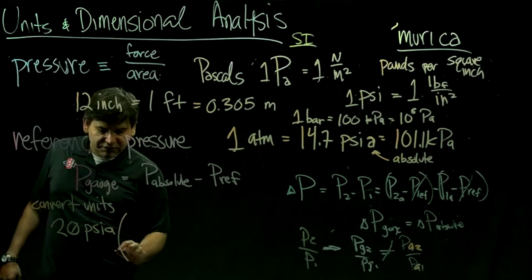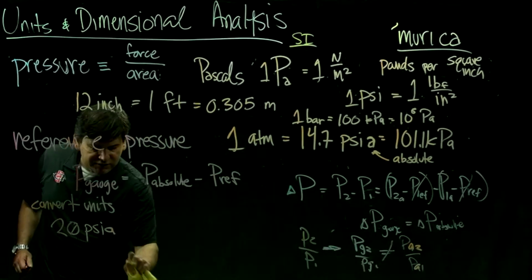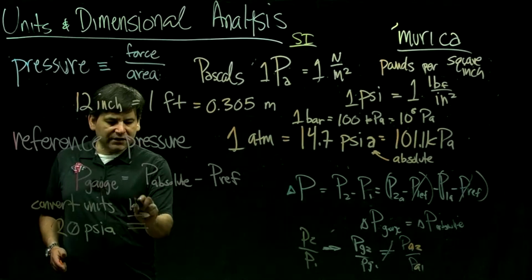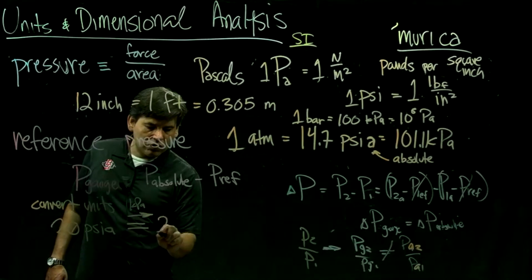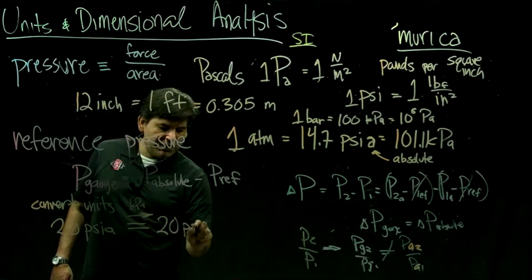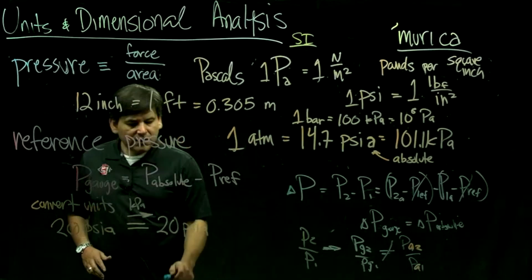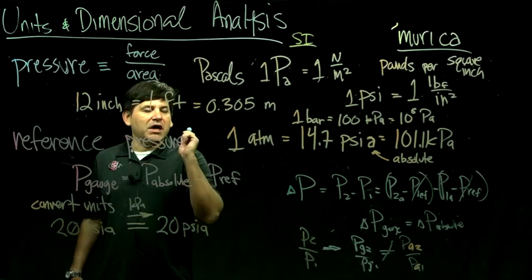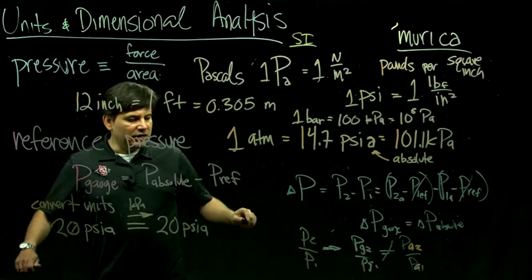The relation, if I wanted to convert that to kilopascals, for example, let's go to kilopascals, you would take that 20 psi absolute, and then multiply your starting units by a ratio that equals 1 that cancels out this unit.